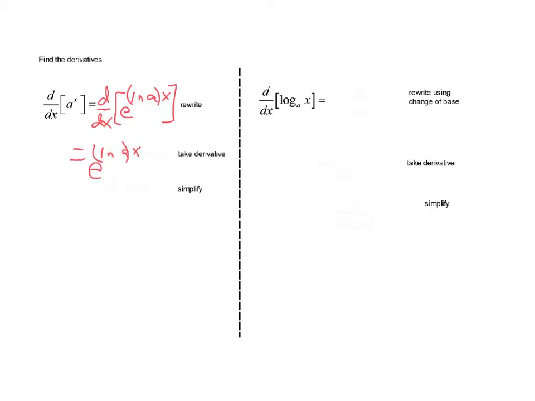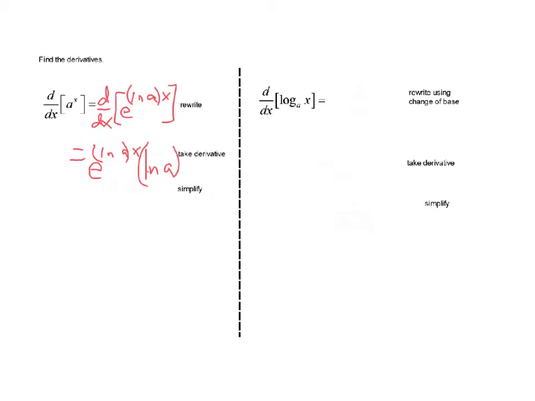It's not a variable. So that's a coefficient in front of x. So when I go inside of my e to the x to take this derivative, the derivative of some number times x is just that number. Like if this were 3x, you'd say, well, the derivative is just 3. Well, it's ln a times x, and that ln a is just a number, so it's just times ln a.